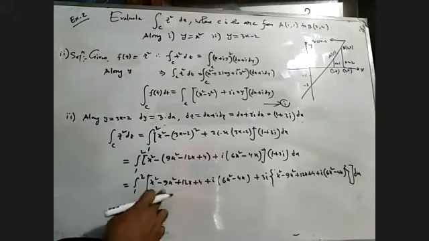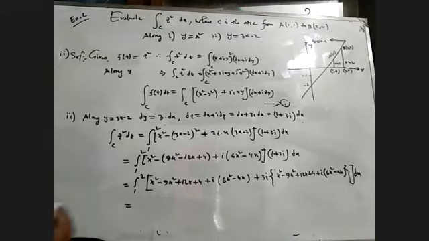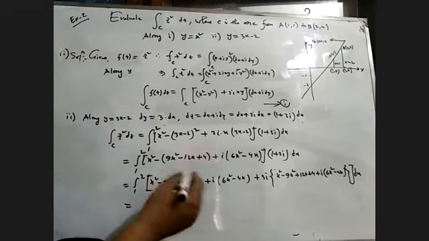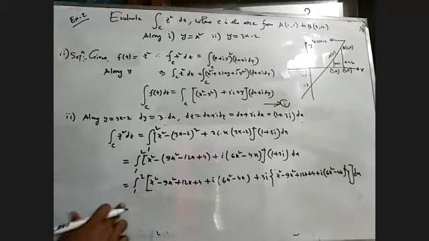Okay, minus 18x square and minus 8x square. How many x square will be? Now just integrating with respect to x. This will be homework for you. Need to do.